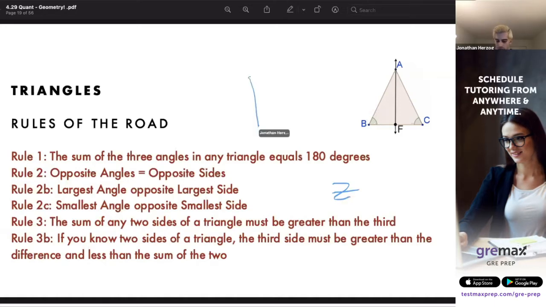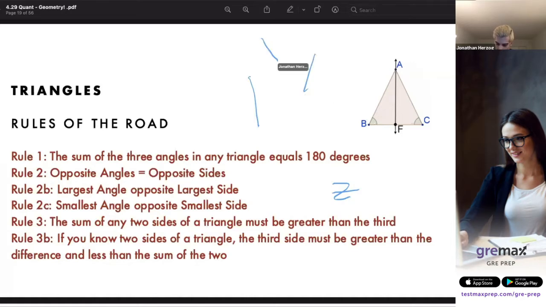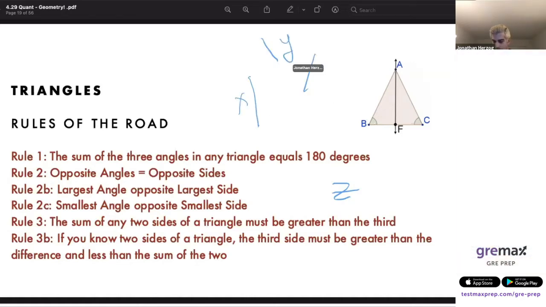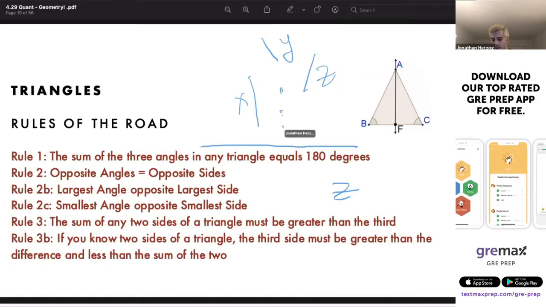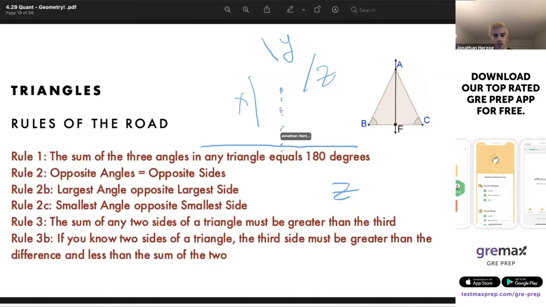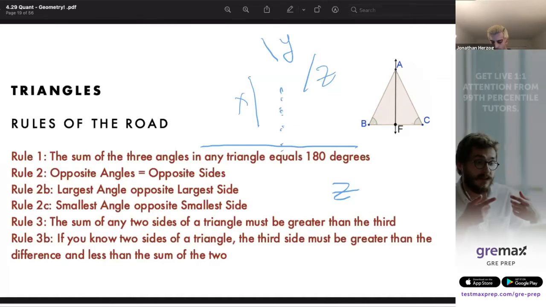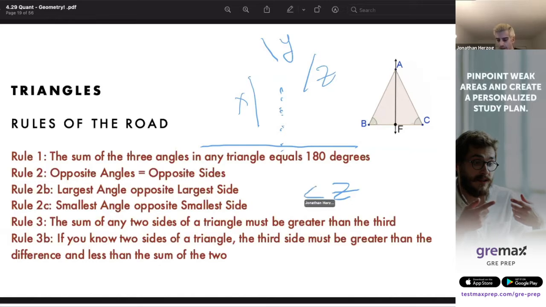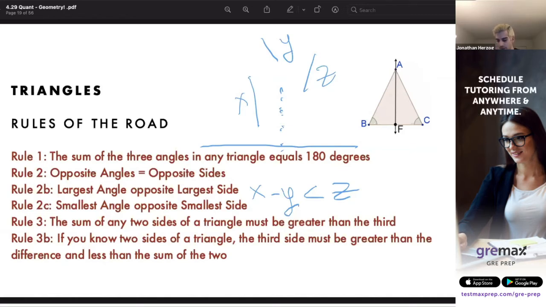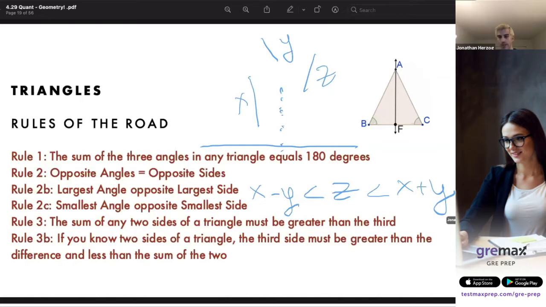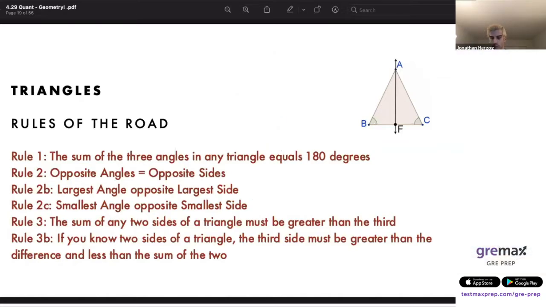So we have 3 line segments, X, Y, and Z. Again, using our hinge model, we're trying to connect 3 different line segments so that we create our 3-sided triangle. What rules 3 and 3b are telling us is that side Z must be greater than the difference, X minus Y, and less than the sum, X plus Y. For now, again, we're going to posit this, but we can always rederive.